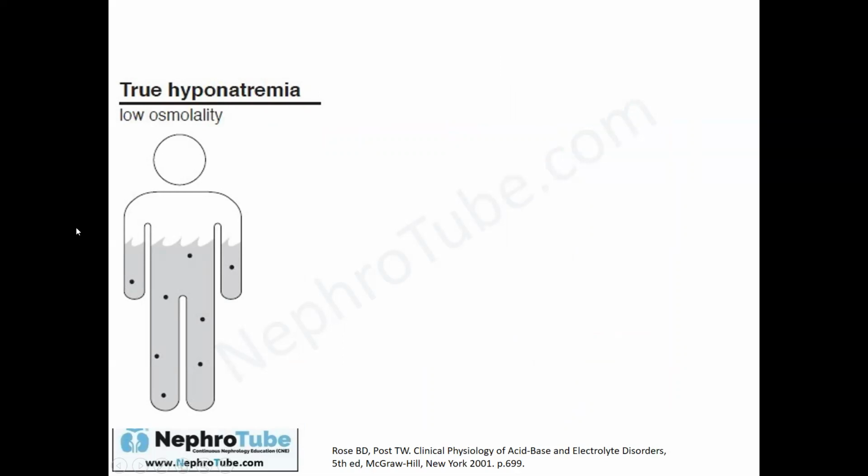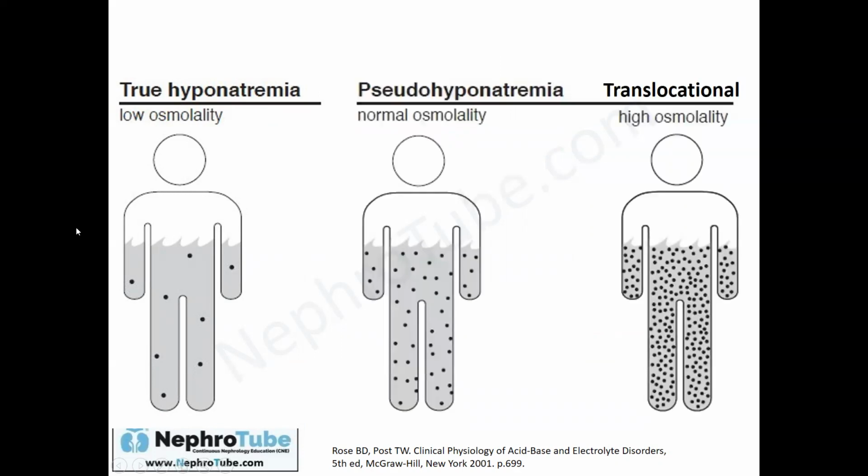And this is what's called true hyponatremia: hyponatremia with low osmolality because the sodium level is truly low. But we have two other types of hyponatremia. One is called pseudohyponatremia, where the patient will have a normal osmolality, and the other is translocational hyponatremia, where there will be high osmolality.